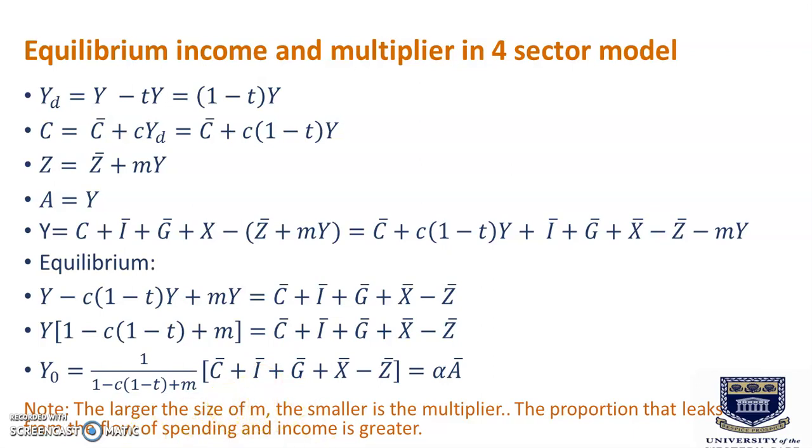Since it is below the line over there, it follows that the greater M becomes, the smaller the multiplier will become. That is very important because taxes as well as the marginal propensity to import, the way they enter the multiplier determines how it will affect the size of the multiplier, as well as your marginal propensity to consume.